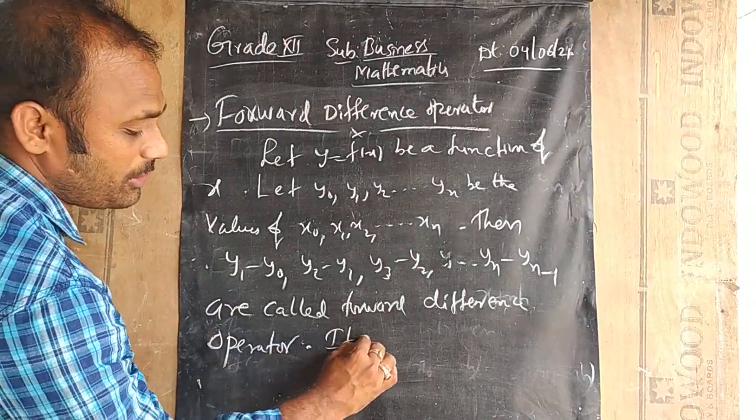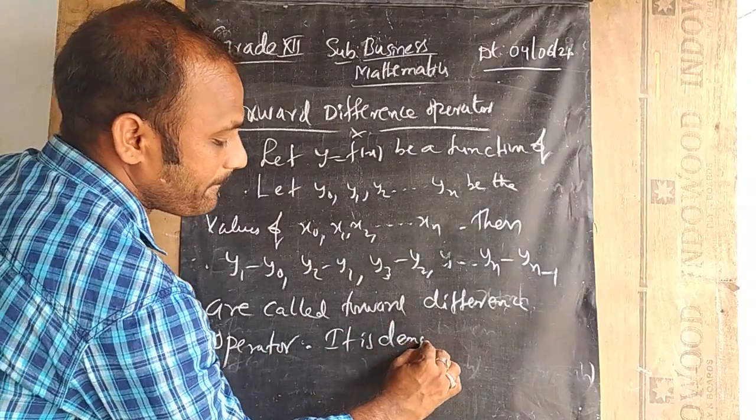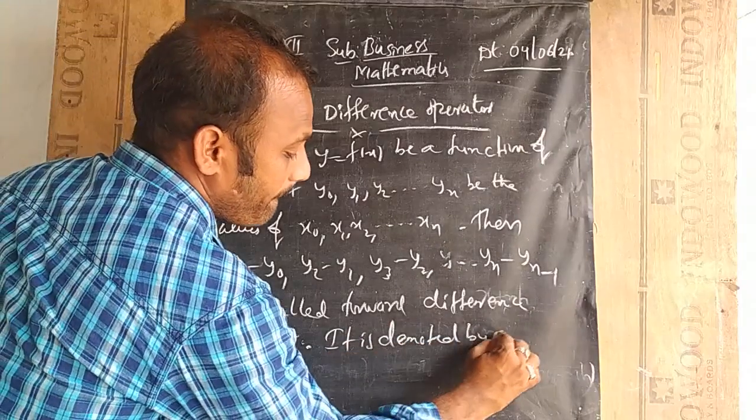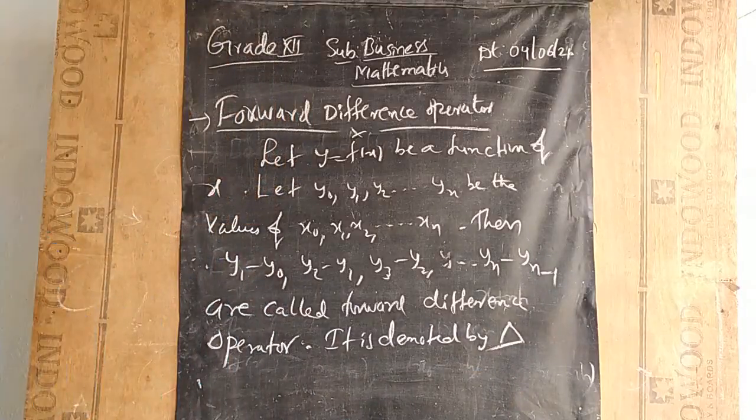It is denoted by delta. This triangle symbol we call delta.